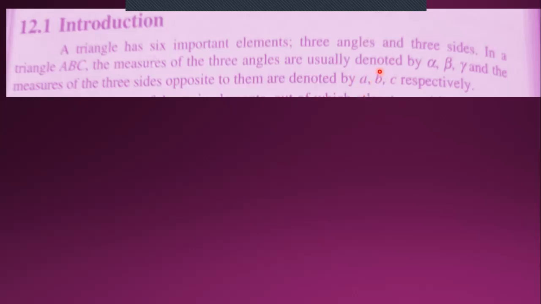Similarly, side opposite to angle beta or B is represented by small b, and side opposite to C or gamma, if we are taking gamma, is represented by small c, and that is the length of that side.